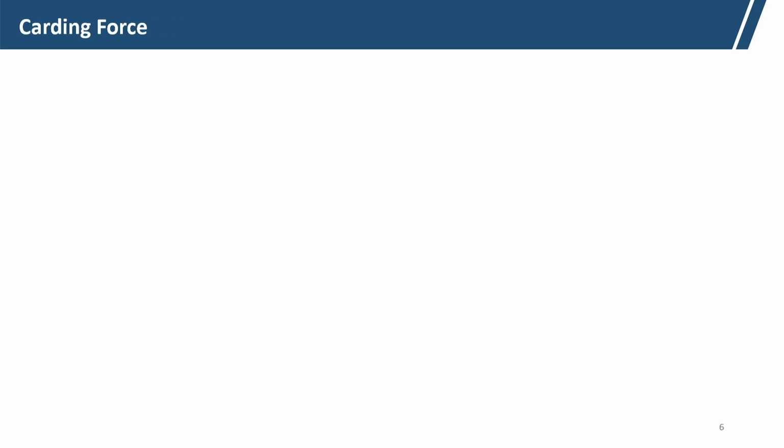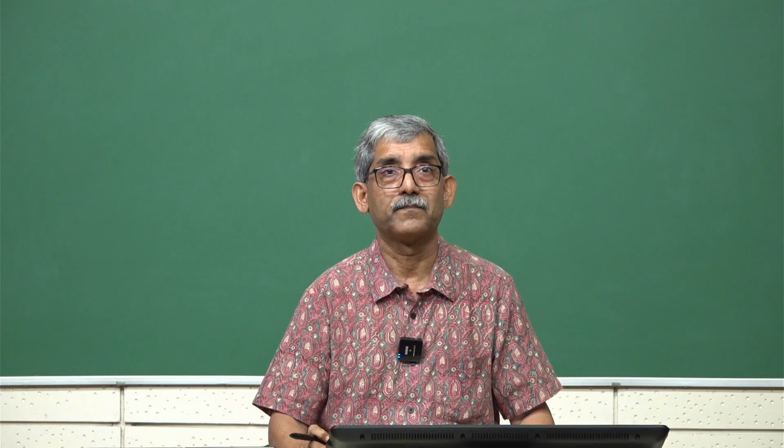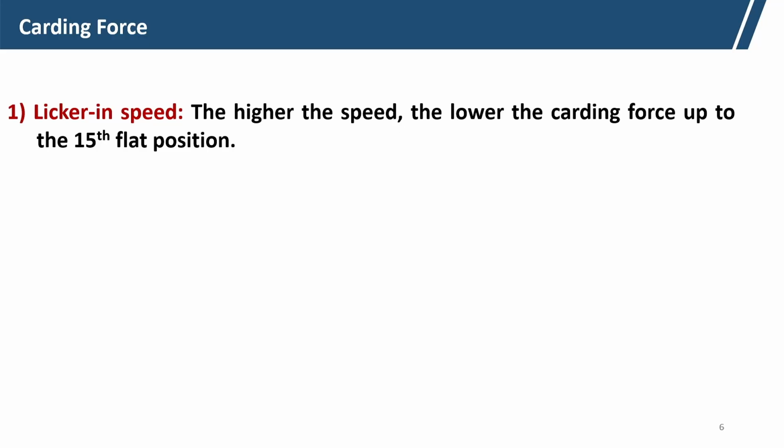Now, we will see what parameters the carding force depends on. First is the Licker-in speed. Higher the Licker-in speed, lower is the carding force up to the 15th flat position.